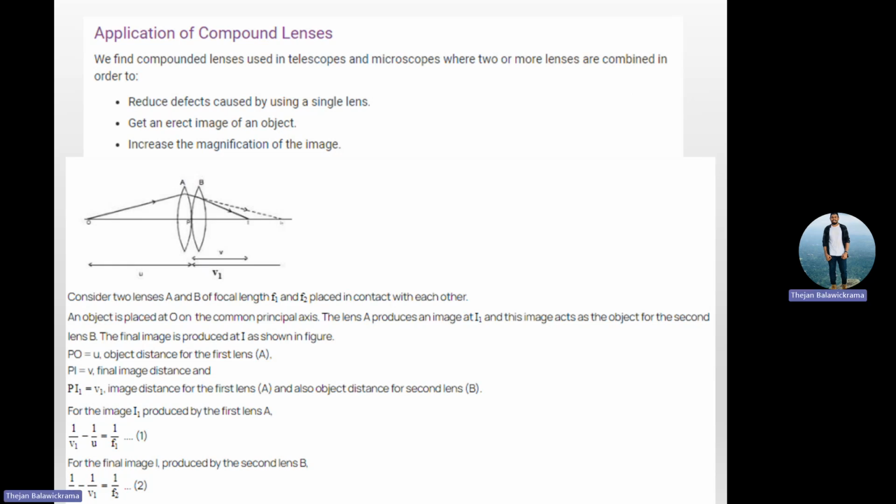When both come together, if it comes only from the first, it is the image I, and if it comes from the second as well, it is I1. So there are two image positions, V and V1. Two lenses A and B with focal lengths F1, F2 are in contact with each other. O is the common principal axis. The images are formed in two places, I and I1.